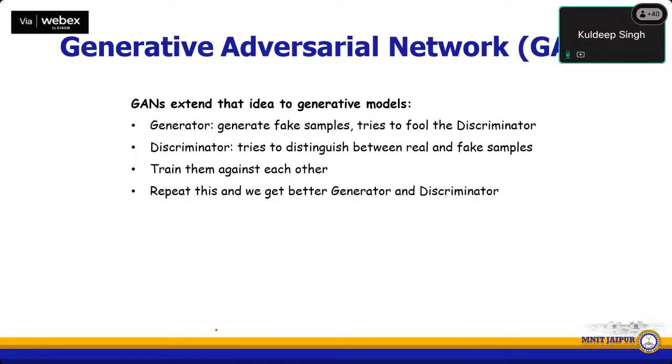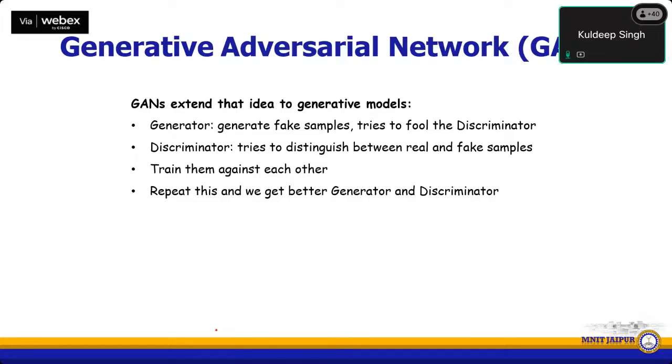As a training part, we train them against each other. That means the generator is being trained to generate fake samples which look like real, and the discriminator is being trained to discriminate between real and fake samples, and then we repeat this training process until we get a better generator and discriminator.